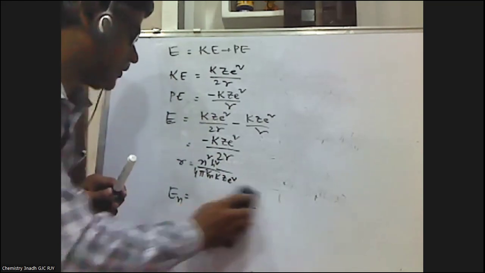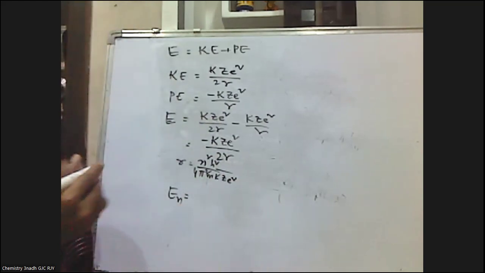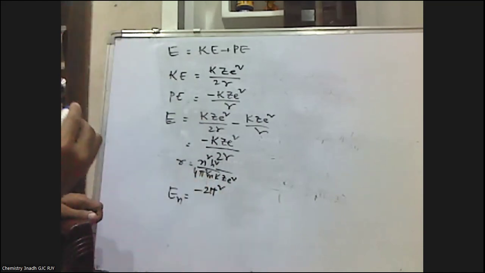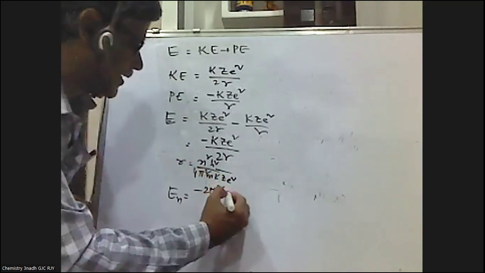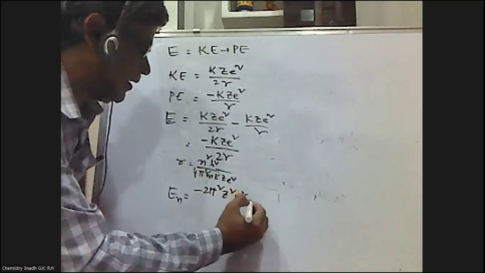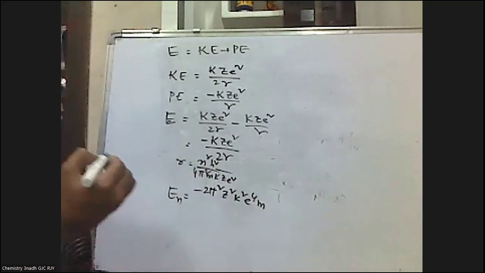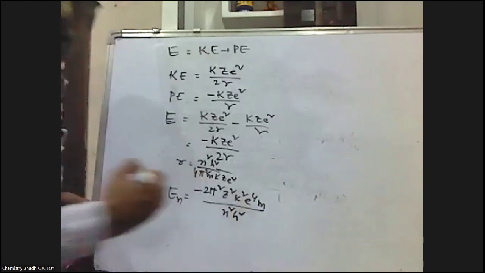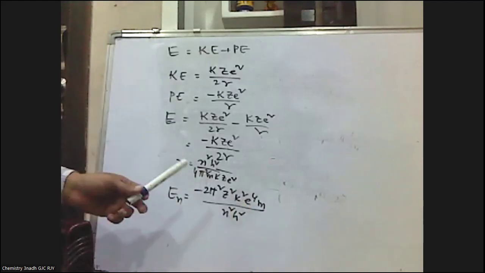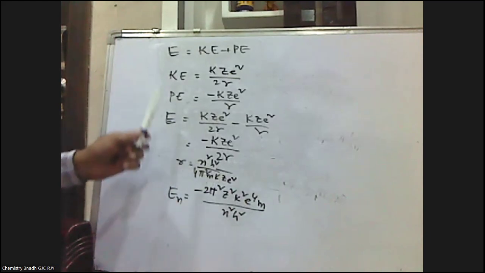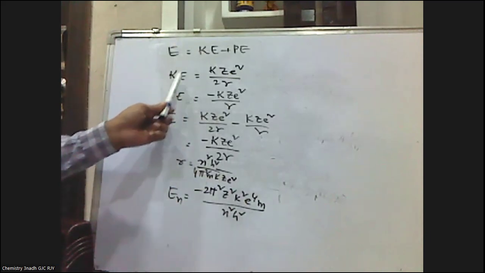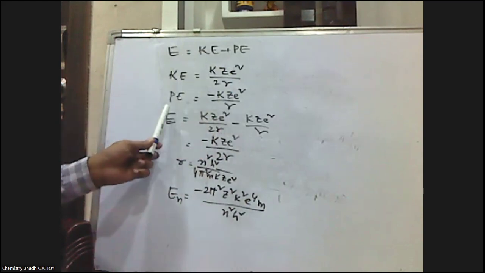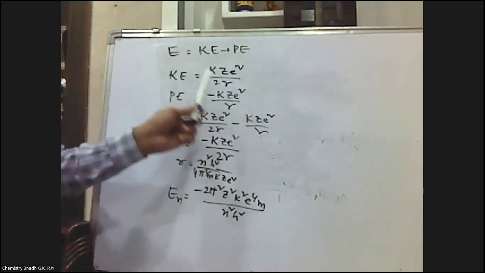So what is the expression for the energy of the Bohr's orbit? Minus 2 pi square Z square K square e power 4 m by n square h square. So we have derived the expression for the kinetic energy, similarly for potential energy, and the total energy is given by kinetic energy plus potential energy.